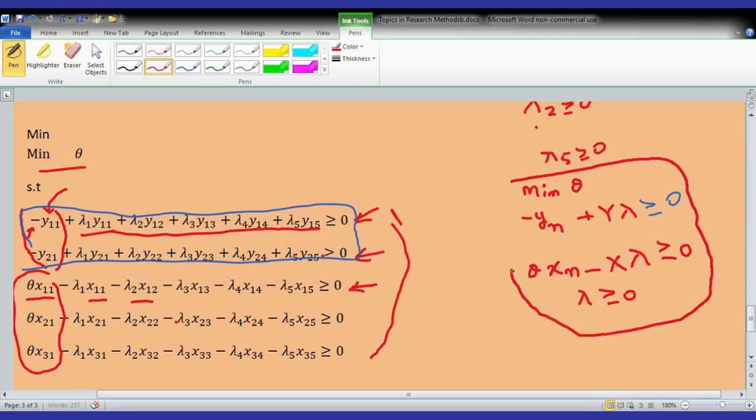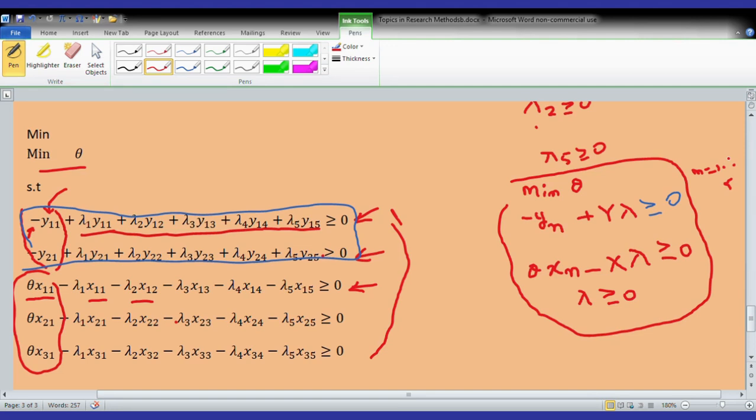Definitely you need to write n equal to 1 to 5. And this is the last thing that we want to mention. So this is the way the system is reported in the research papers as well as in the textbooks, and this is how they arrive at this system.